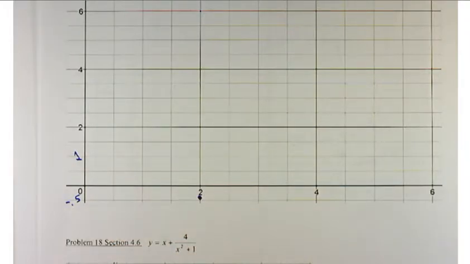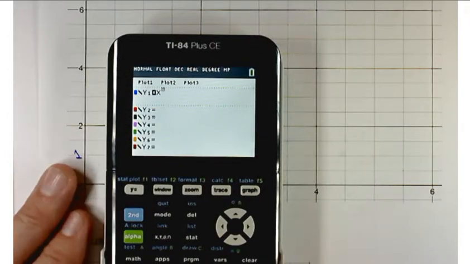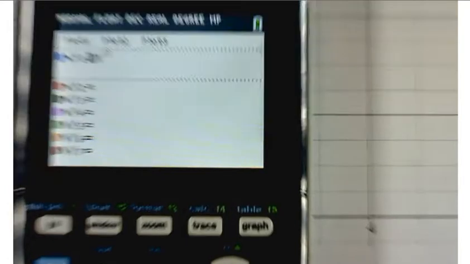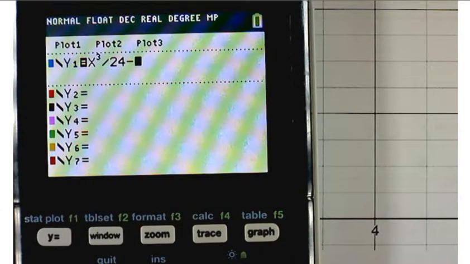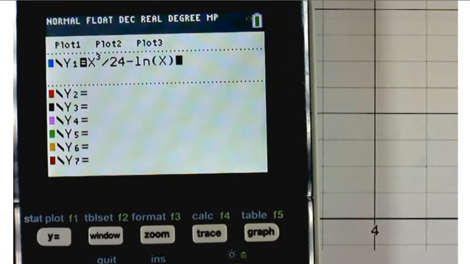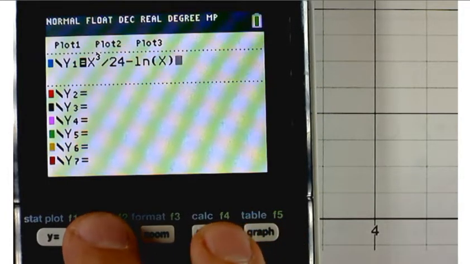For the rest of it, let's just look at our graph. See that what we see from our calculators matches what we see when we do the calculus. So I'm going to graph x cubed over 24 minus the ln of x. What should I set up my window as?